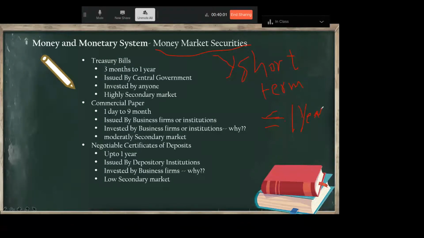Now, what can be the claim in such a promise? Can you tell me? Is stock, like in the stock exchange, a money market security?